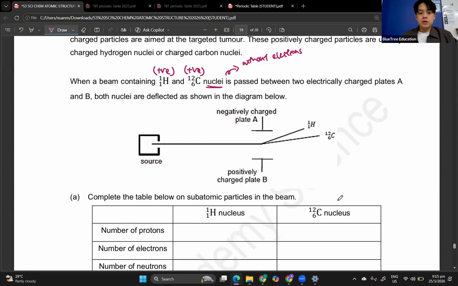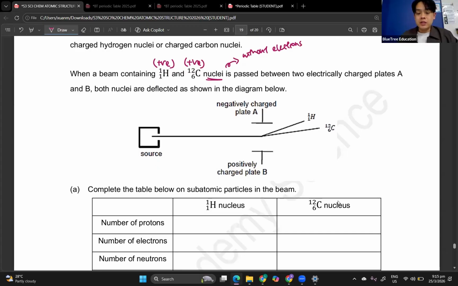Take a look here. This is positive. This is also positive. And this charge plate here is negative. Therefore, you must understand positive and negative attract. This is a rule that you all need to know.